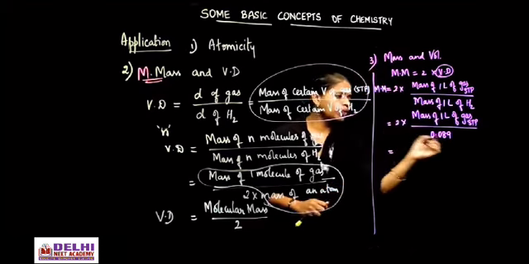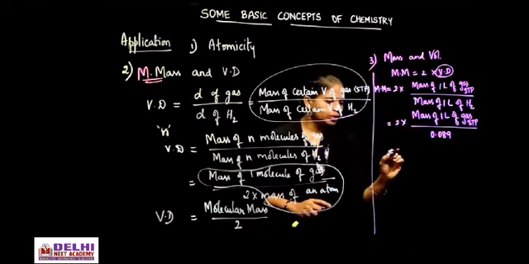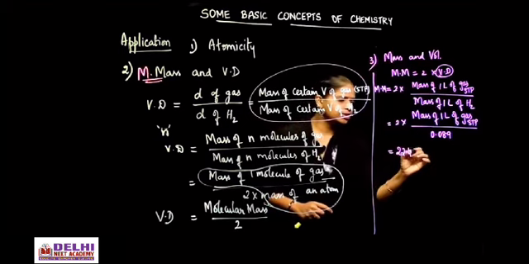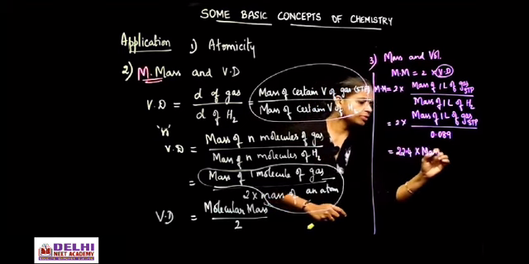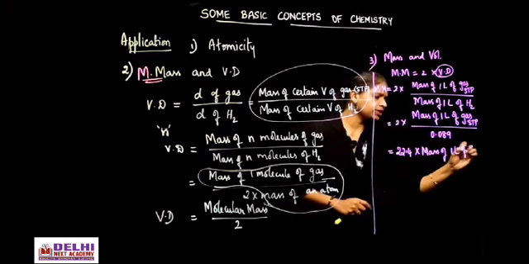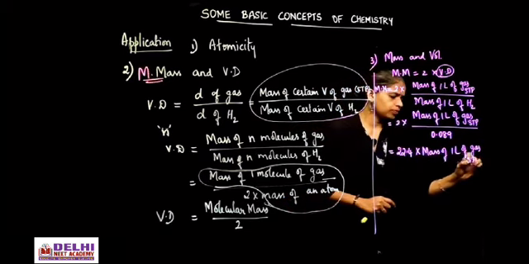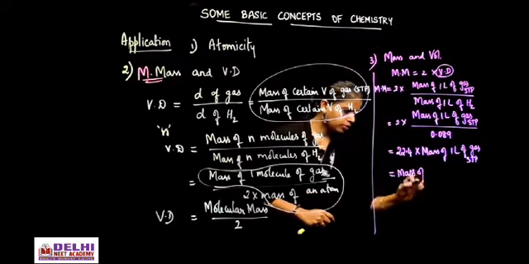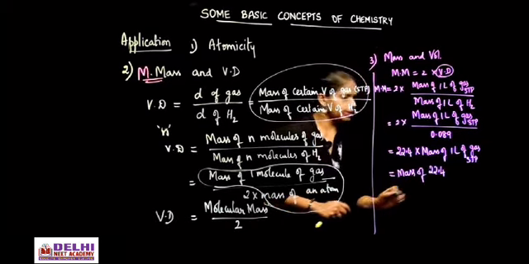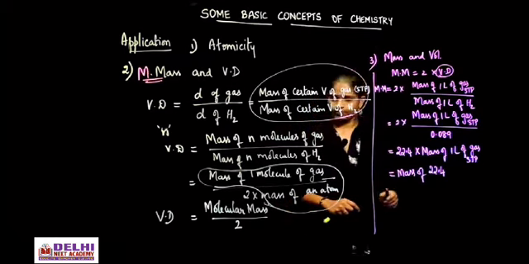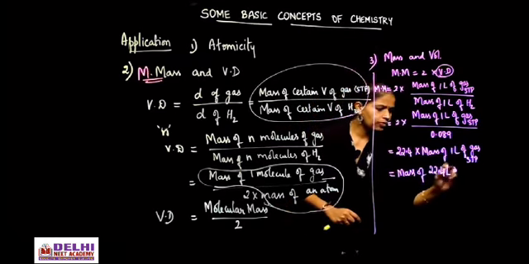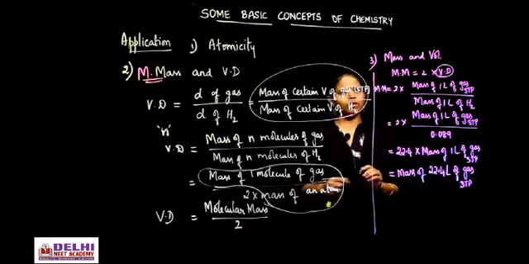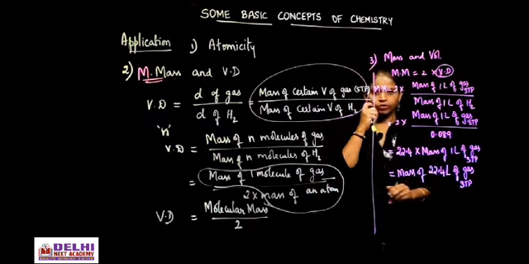So what we have is 2 by 0.0889, which is 22.4 liters. The value is 22.4, into the mass of 1 liter of a gas at STP. This will be equal to the mass of 22.4 liters of a gas at STP. This is how we relate the mass and the volume.